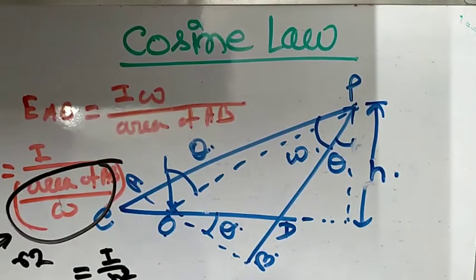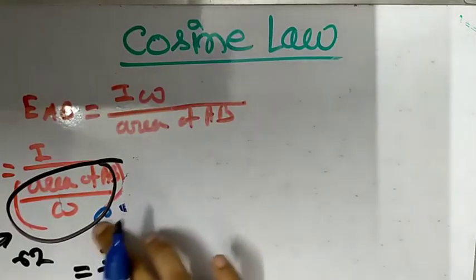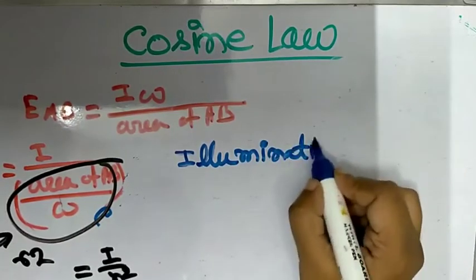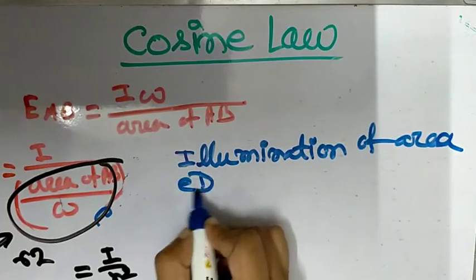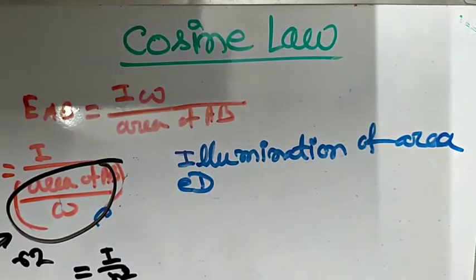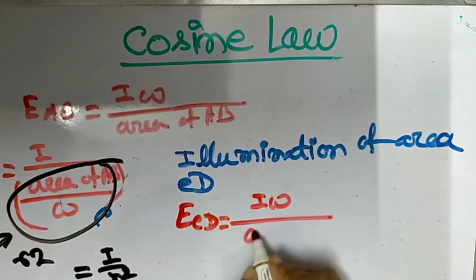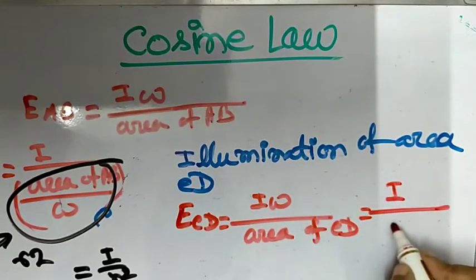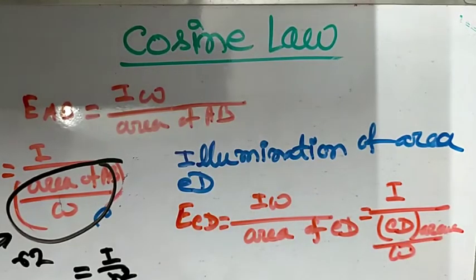Similarly, the illumination of area CD, ECD, is equal to I into omega by area of CD, and this is equal to I by area of CD by omega.